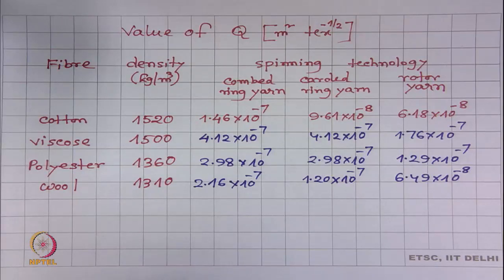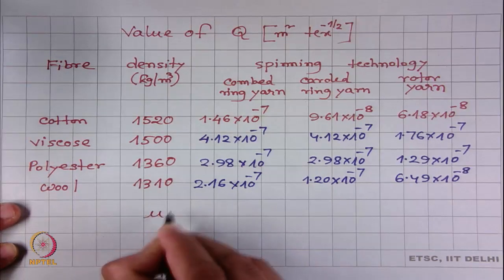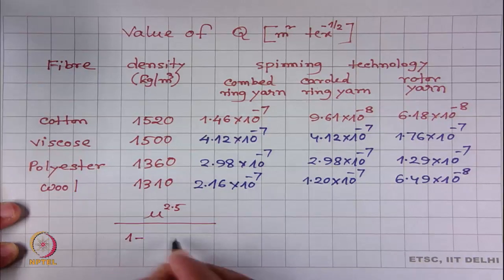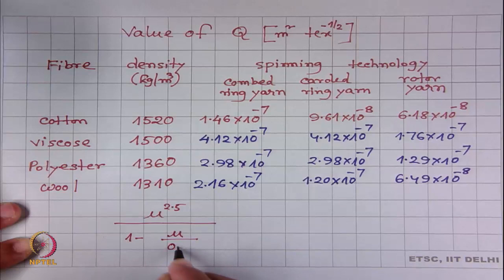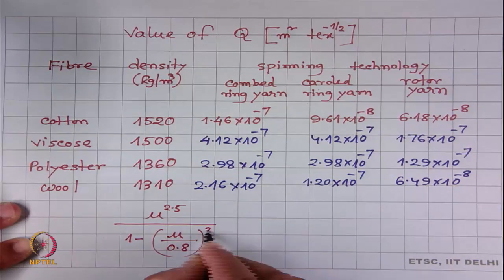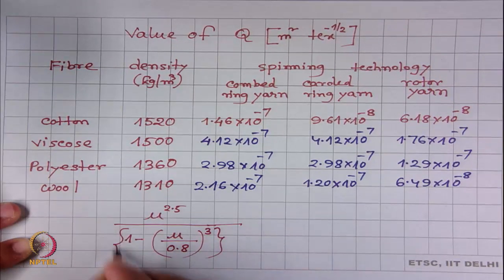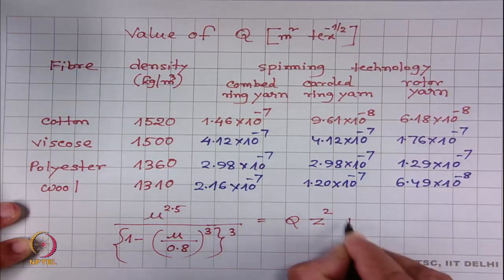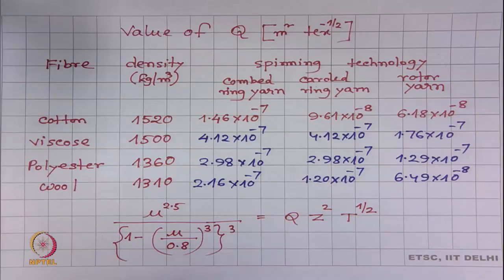So, if you know the value of Q, you will be able to find out the expression mu to the power 2.5 divided by (1 minus mu by 0.8) to the power cube is equal to Q Z squared T to the power half. Okay.